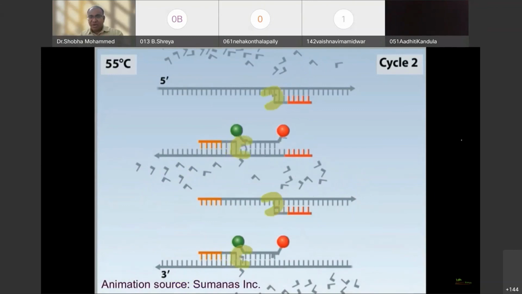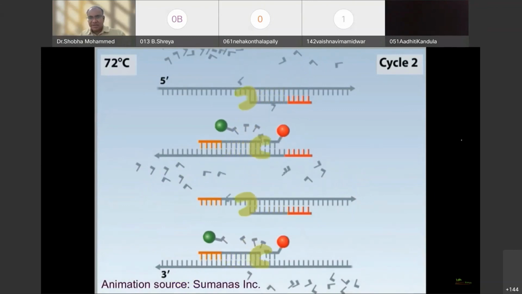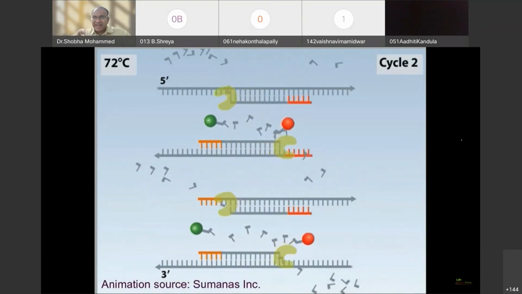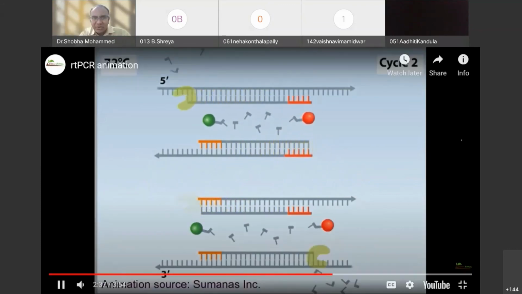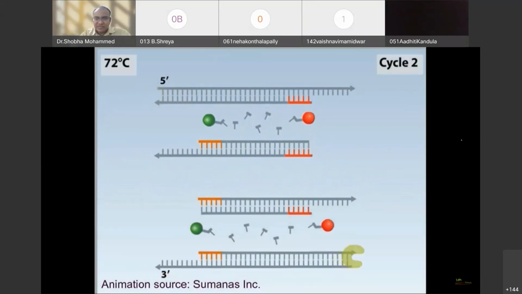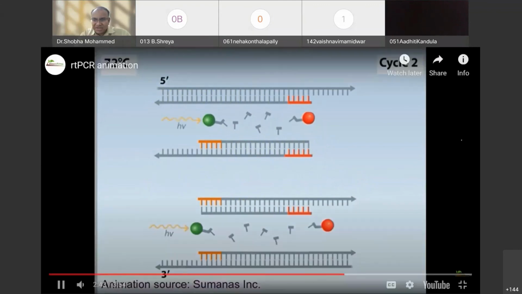The same polymerization story repeats here. This is cycle 2. You can see here on the right hand side, this is cycle 2. At 72 degrees temperature is also mentioned at this point, 72 degrees. Now the polymerase finishes its job.